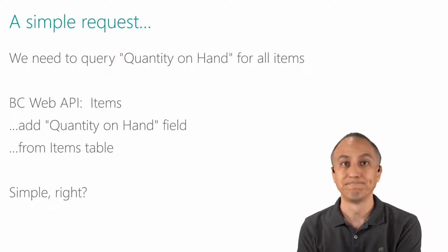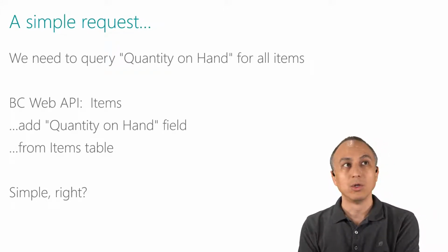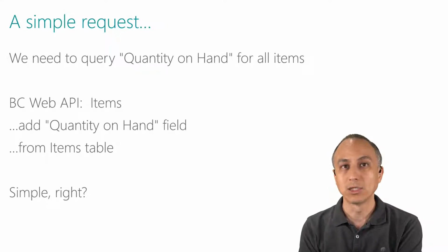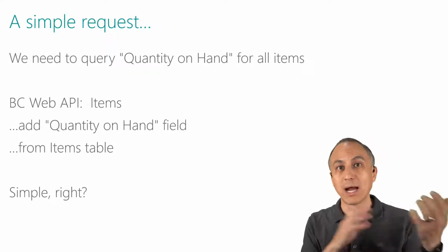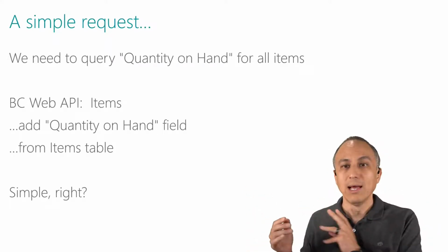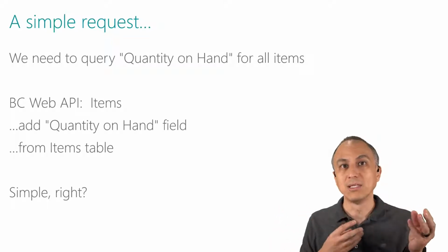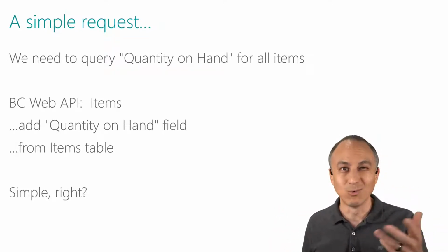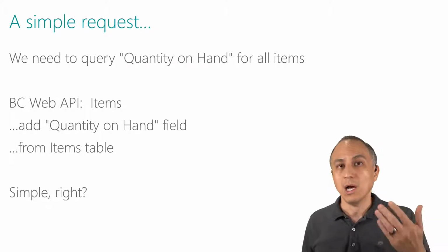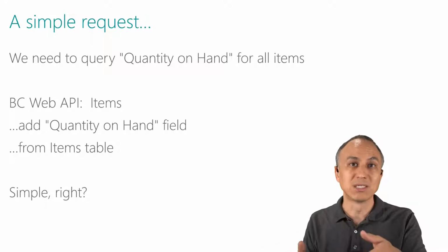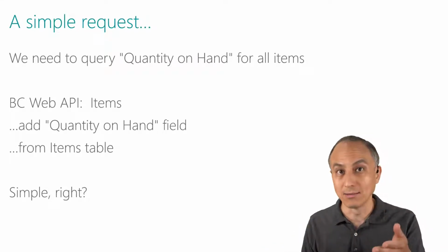Just one, right? The request is that the customer wants to essentially extract all their item information to some other system. As part of that, they need to know the quantity available, or another word that is, in this case, shown in Business Central as quantity on hand.